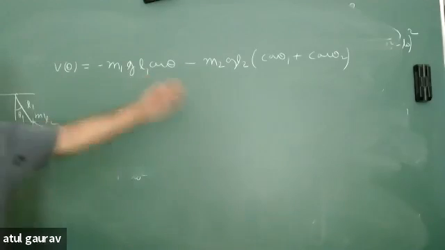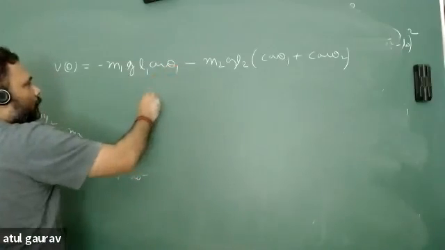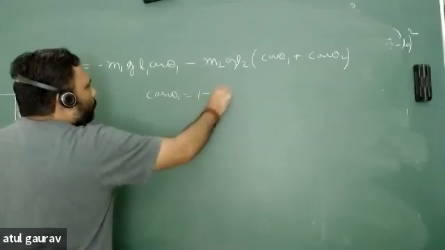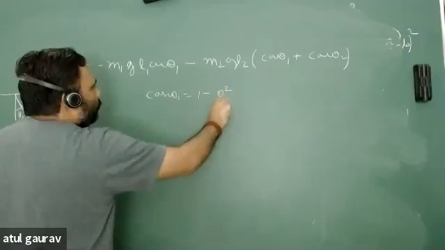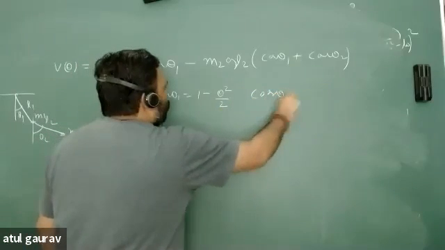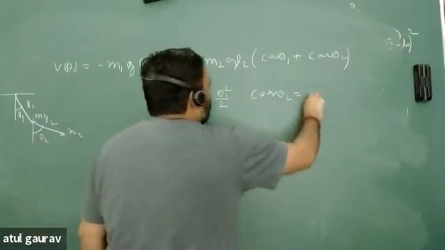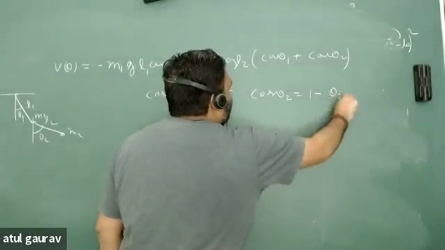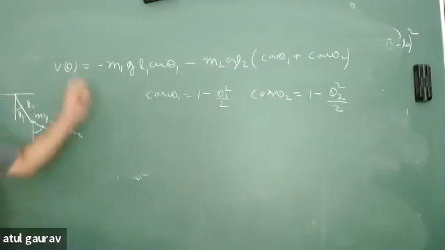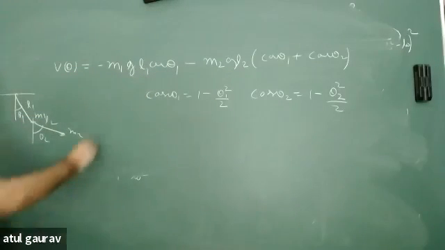So for a small oscillation, what will you do? You will go for cos theta 1 equal to 1 minus theta 1 square by 2, and cos theta 2 equal to 1 minus theta 2 square by 2, and you can neglect the higher order terms in both. And what is the kinetic energy?